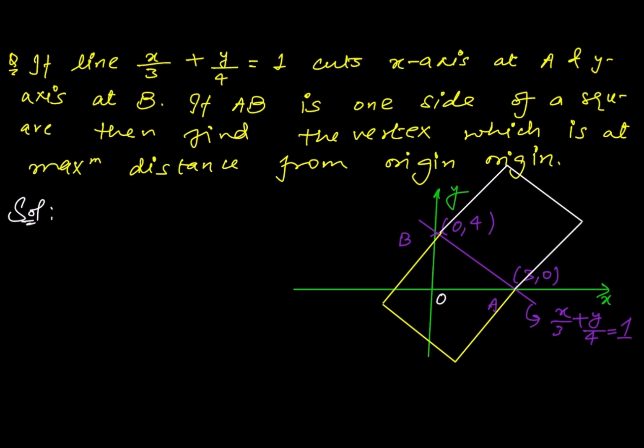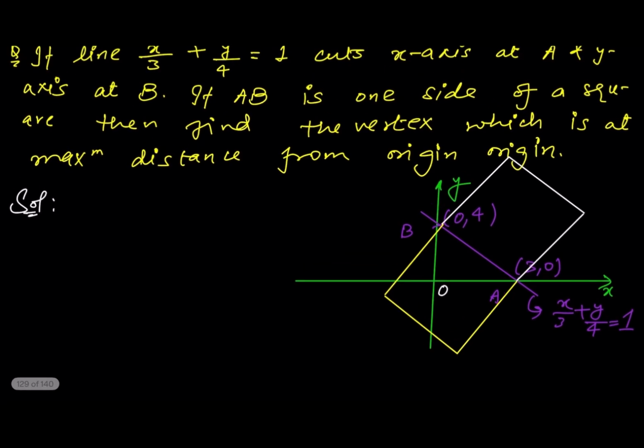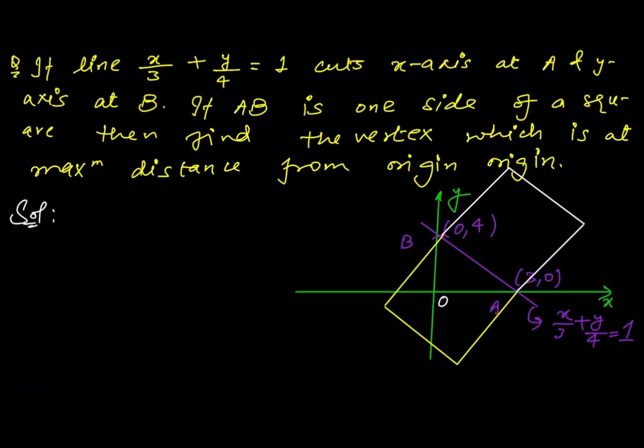So if we choose the below square, or a square containing origin, then it is very clear that its vertices are nearer to the origin. So according to the question, we will choose the above square.